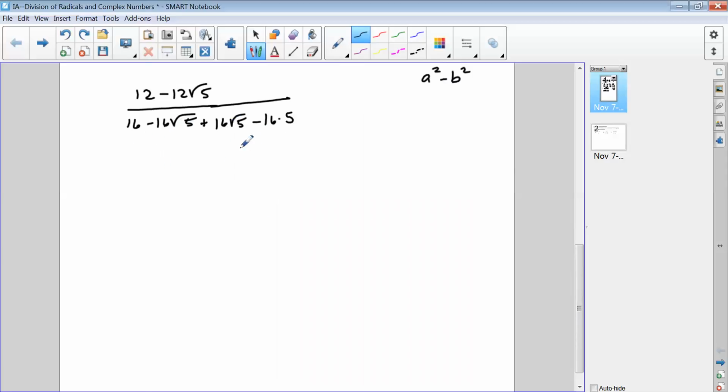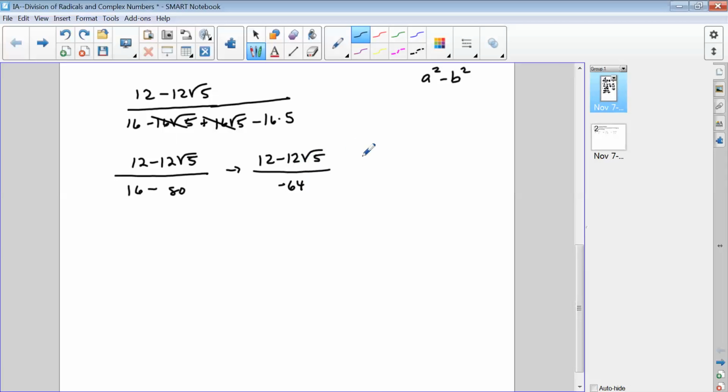So I just need to clean up the denominator a little bit. I'm going to rewrite: 12 minus 12 times the square root of 5, all divided by. Notice the two middle terms divide out, so I'm left with 16 minus 16 times 5, which would be 80. So I've got 12 minus 12 times the square root of 5, all divided by negative 64.